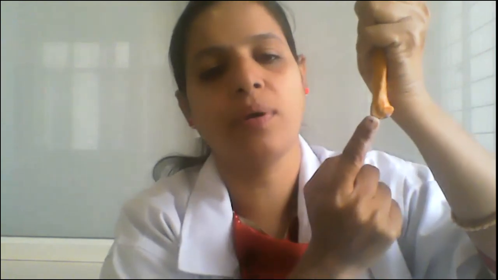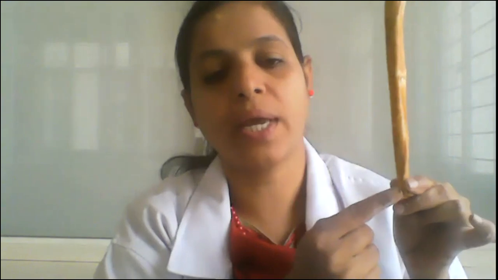So this is the styloid process, and this is the head. The styloid process should face medially, the trochlear notch should face anteriorly, and the radial notch should face laterally. That's how you will identify the side of the bone. So that's how I have identified this bone as left ulna.